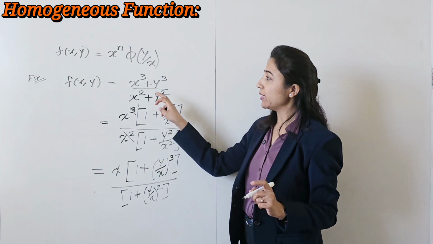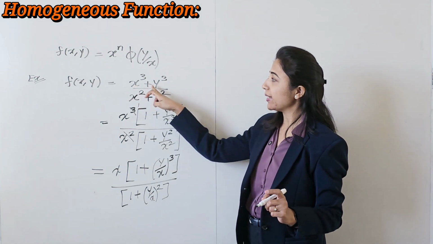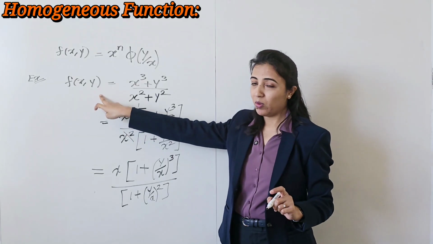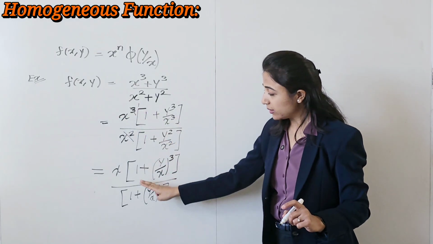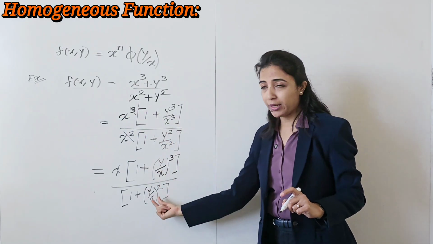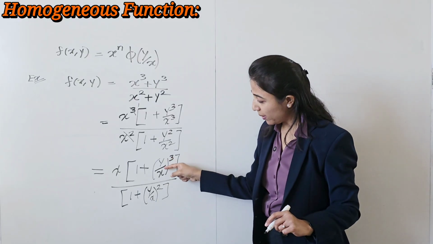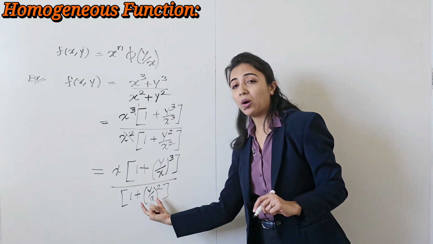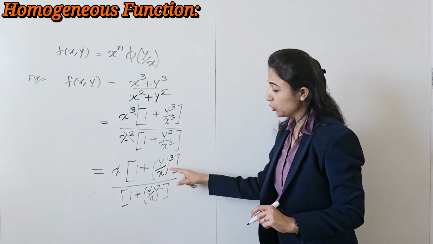When we are given a term which contains x and y, we can say this is a function of x and y. But if we are given this type of term, an expression that contains y by x, we can say this is nothing but a function of y by x, with whole cube and whole square.